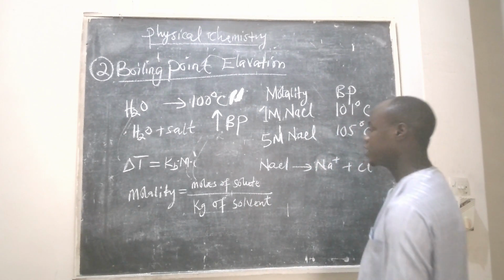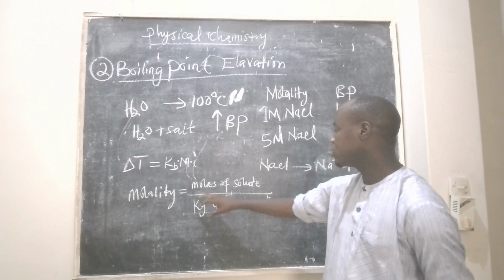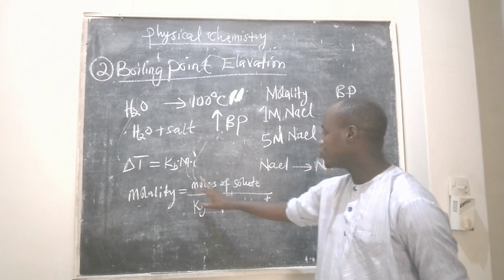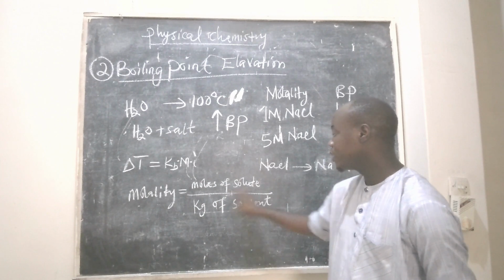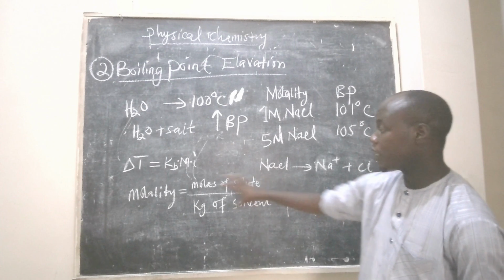So molality is equal to the number of moles of solute divided by the kilograms of solvent, and this is the formula for calculating molality.